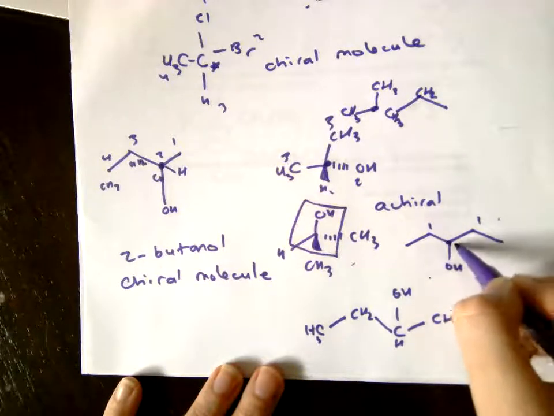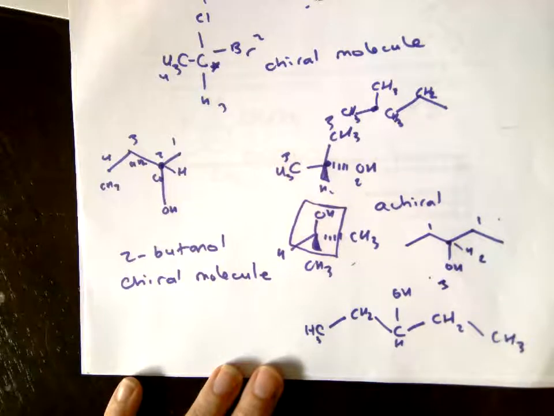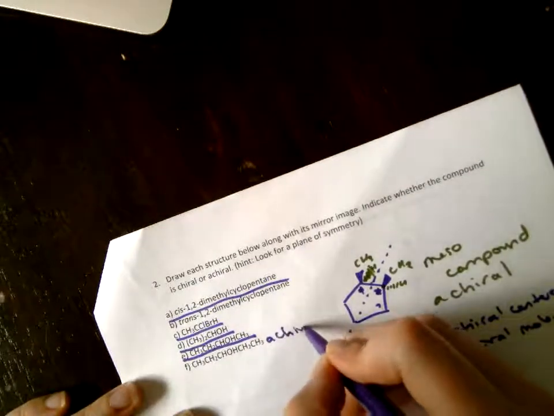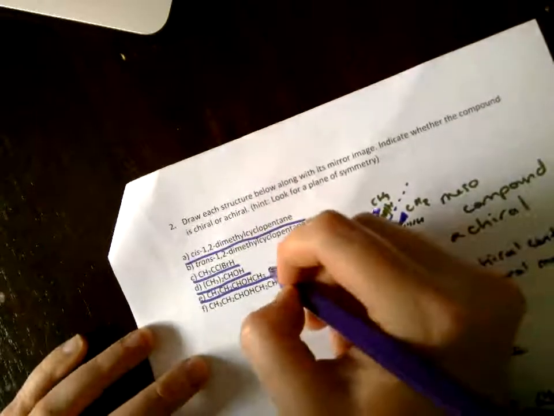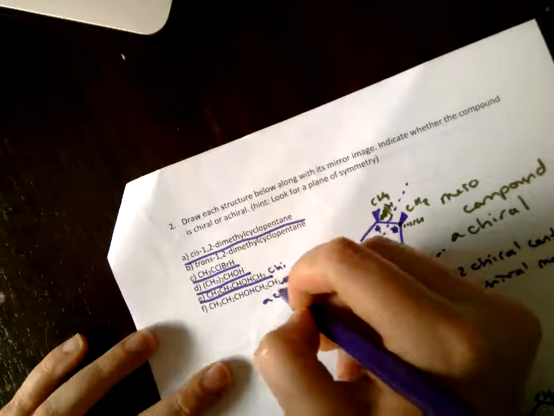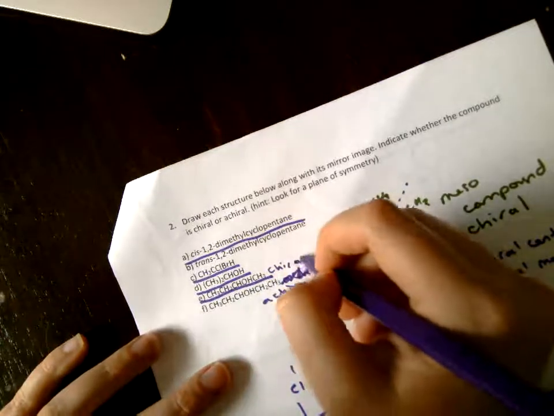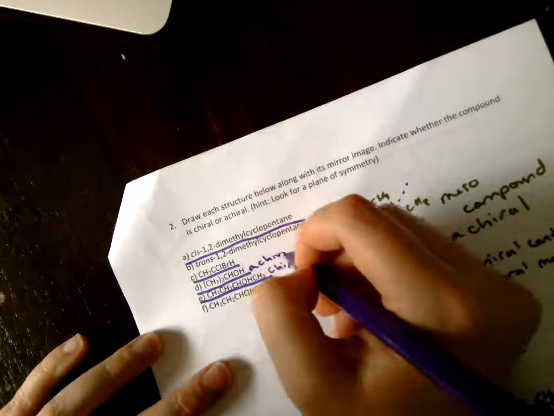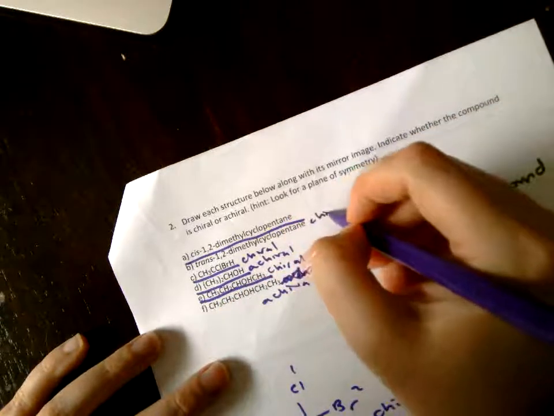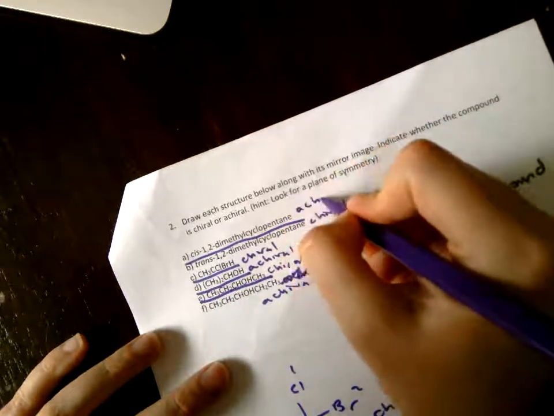So there's only 1, 2, 3 different things attached to it. So I think we decided this is achiral, and we decided this was chiral. Oh, wait, no. We decided, achiral, chiral, achiral, chiral, chiral, and achiral. Okay.